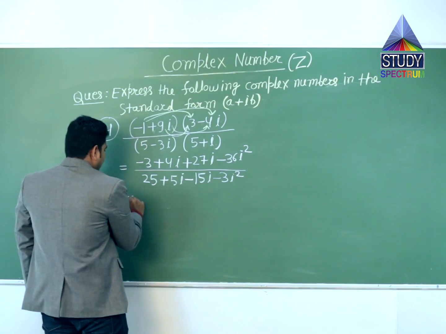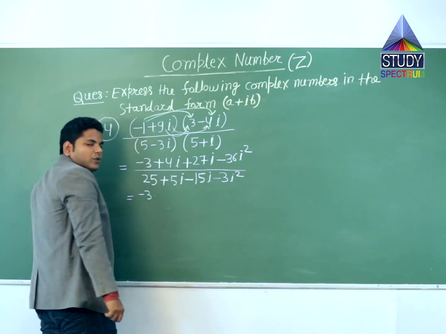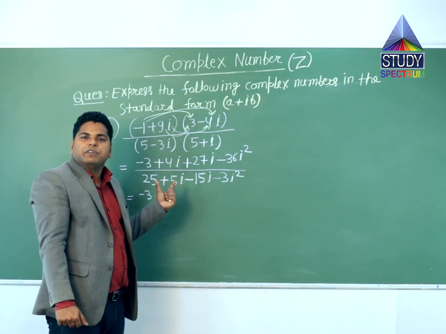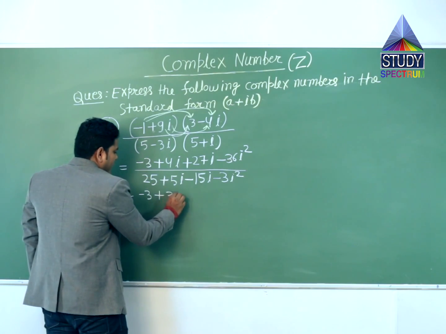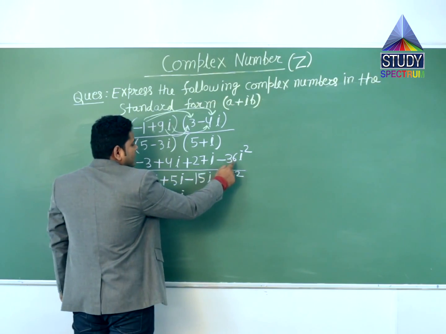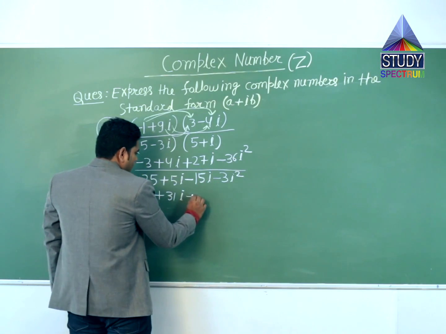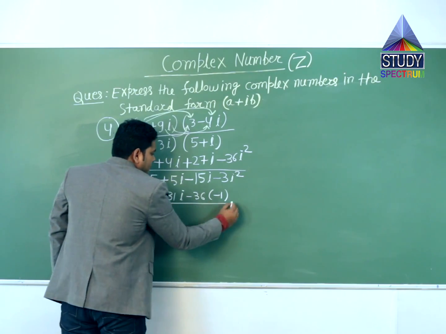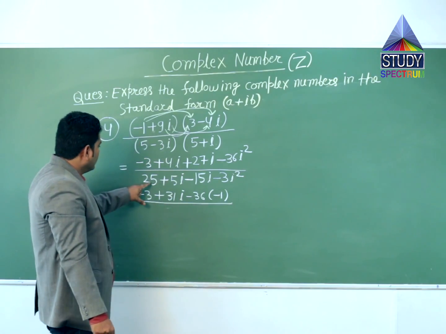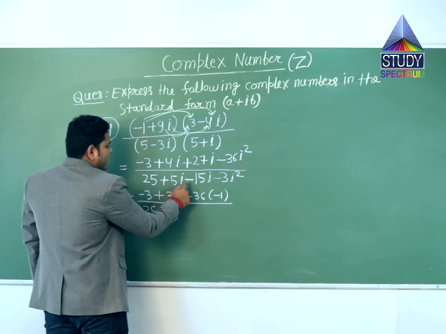Okay. So we'll write minus 3 plus 4i plus 27i. Both have the same sign, so we will add. So 27 plus 4 is 31, and i is there. Minus 36 into minus 1, since i square is minus 1. So minus 36 into minus 1, divided by 25 plus 5i minus 15i.